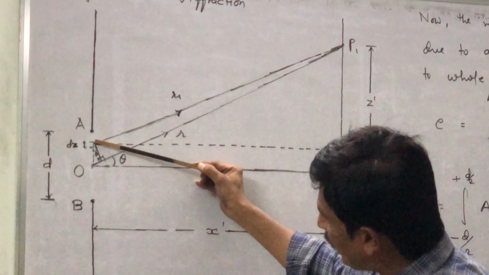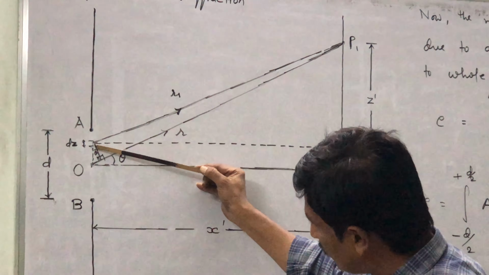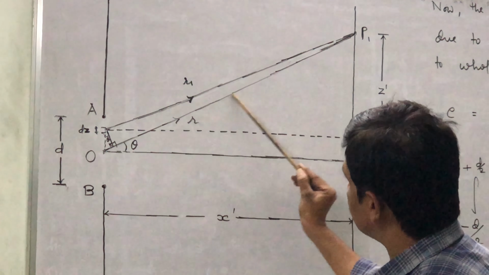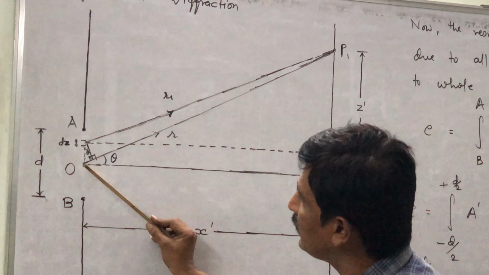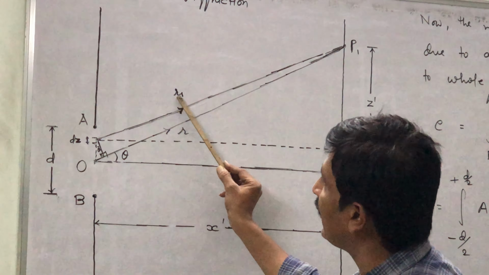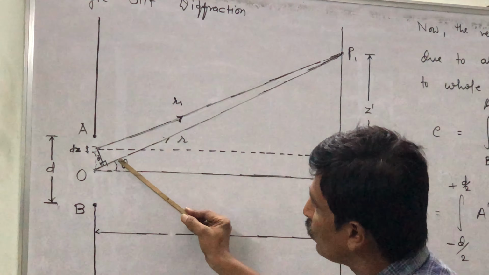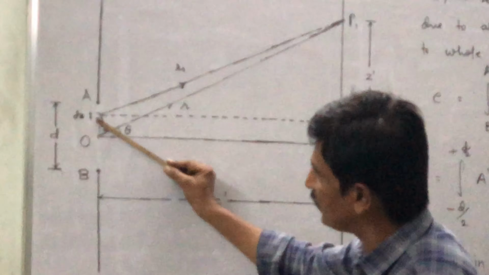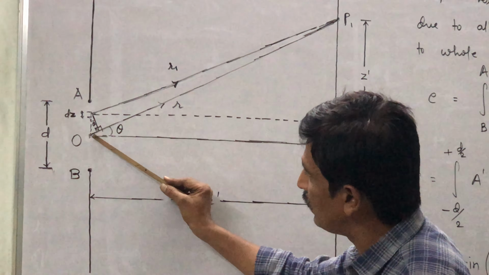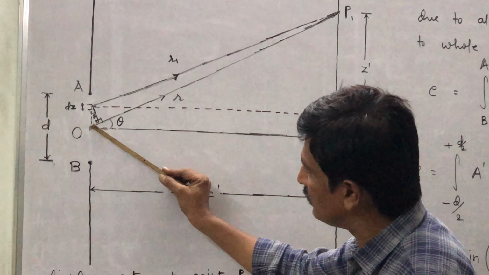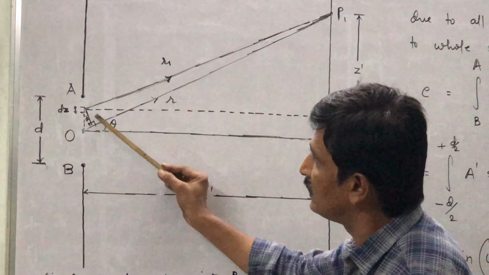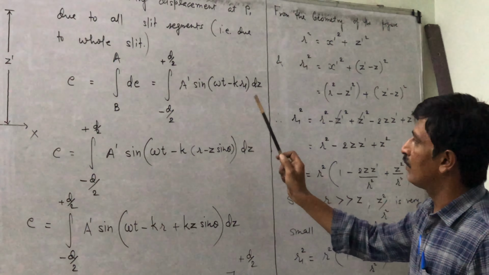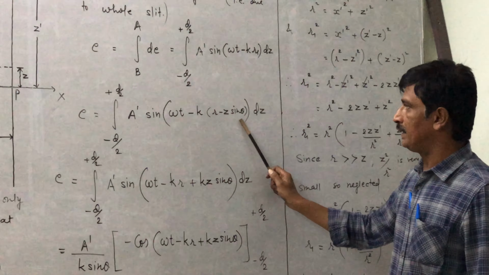If we draw a perpendicular foot here, this distance r is greater than r1 by this length. If this one is theta, this one is approximately theta. This one is z, this one is theta. So this is z sin theta. So we have replaced r1 by r minus z sin theta.